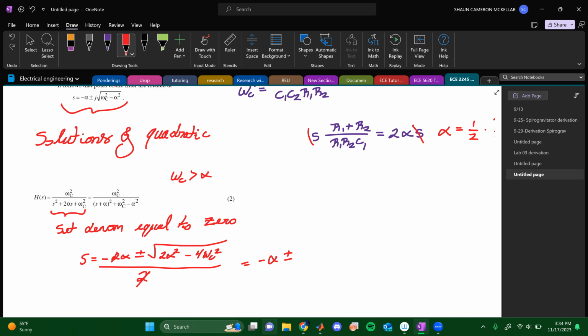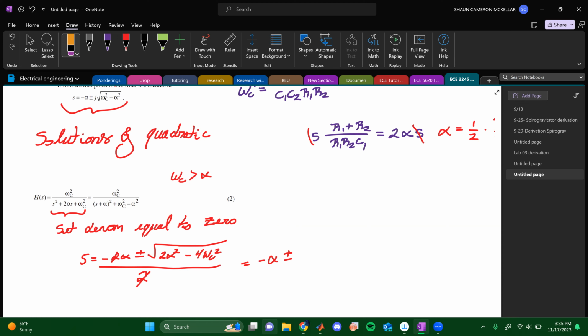Oh, the 4 would come out of the square root and it would be a 2, and then there would be a root 2 on that alpha term. Oh, but alpha also has a 2 in it.